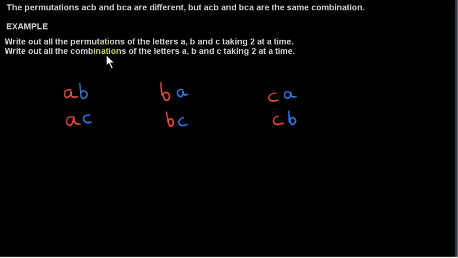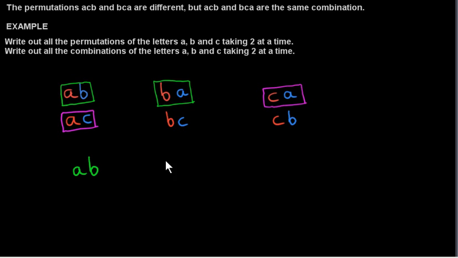Now suppose that we're interested in combinations of the letters A, B and C, taking 2 at a time. So as I explained earlier, AB and BA are different permutations, but they're the same combination. So I'll highlight these in green. So these are the same combination. So we can just write down AB for one of the combinations. AC and CA are different permutations, but the same combination.